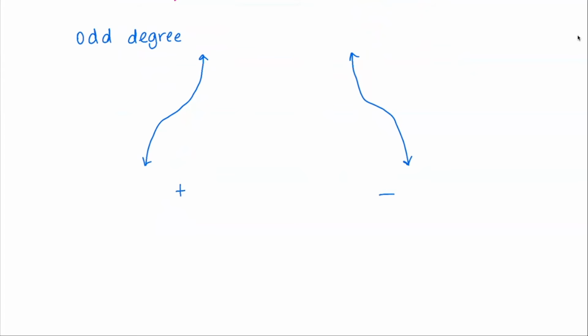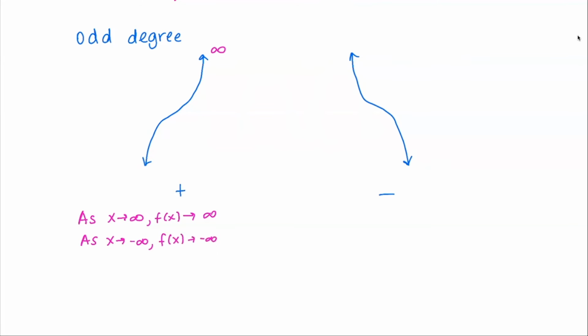So if we described the end behavior of all functions with odd degrees, we would say as x approaches infinity, f of x is approaching infinity. And as x approaches negative infinity, so this way, we're traveling this direction, f of x is approaching negative infinity.